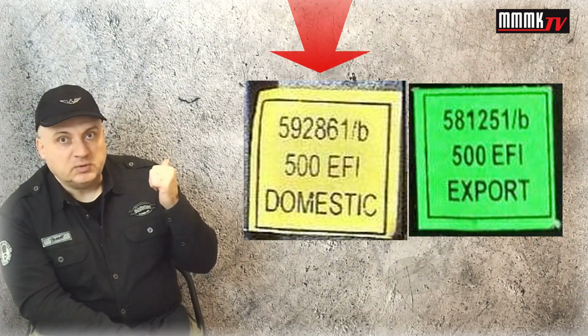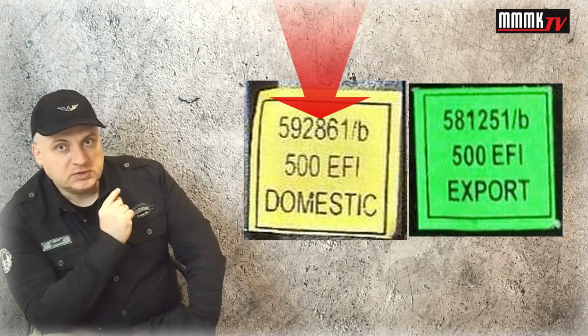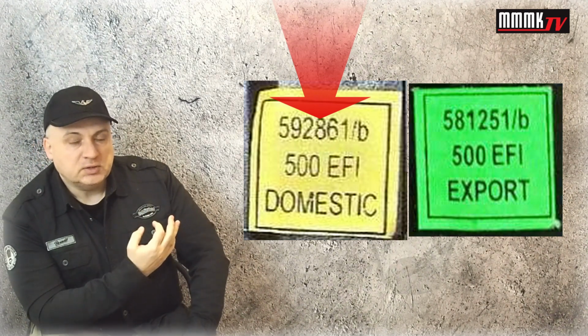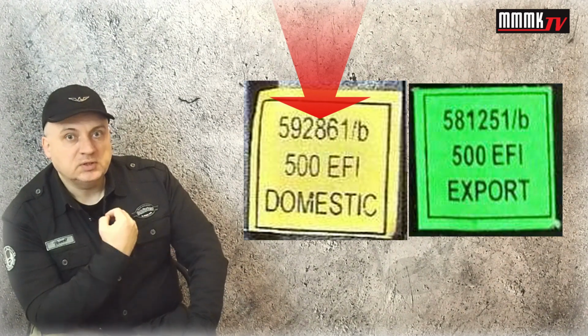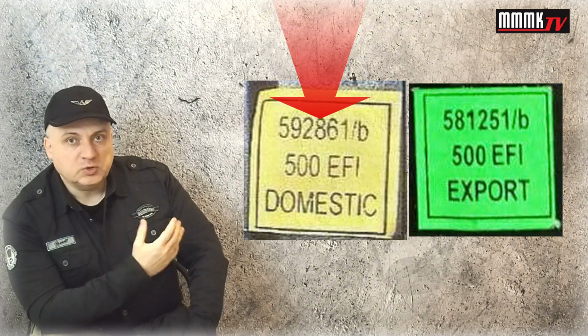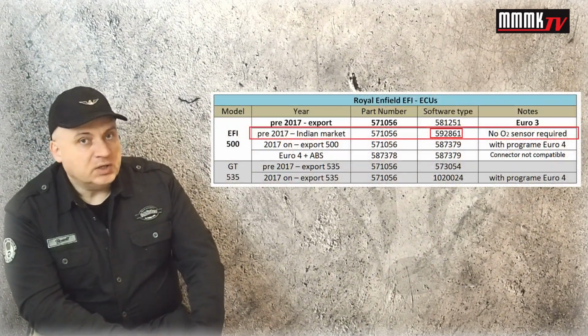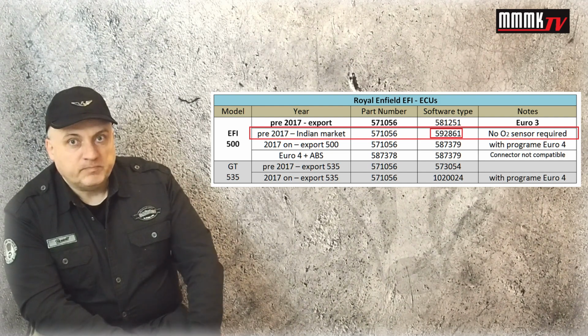And this number on the sticker with the sign domestic describes the software that is able to work without the O2 sensor. Here I combined all those recognition findings in this table.